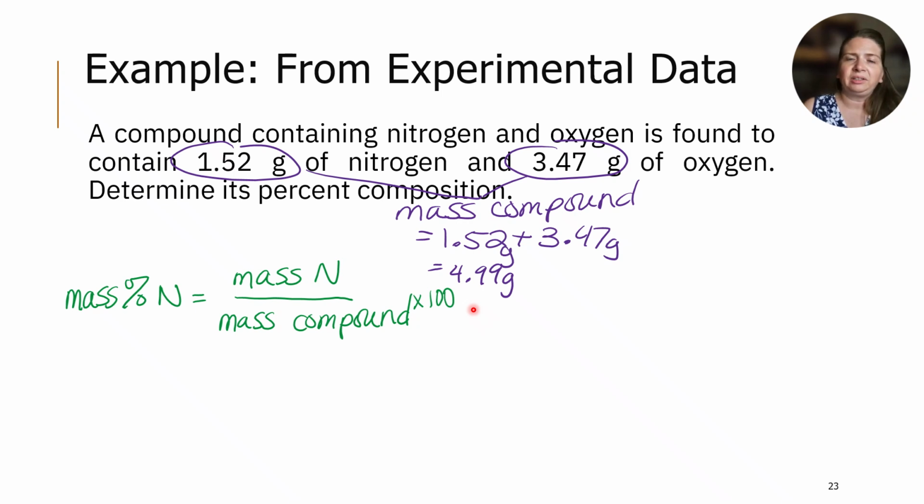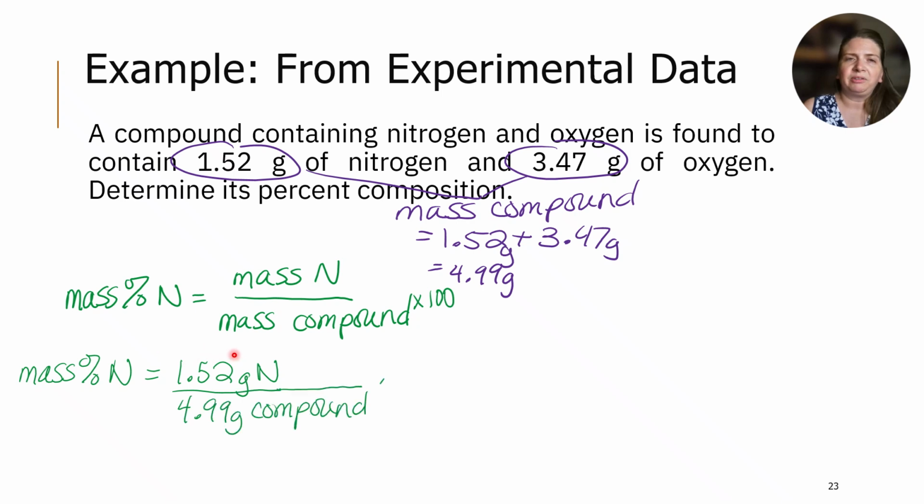Now we can calculate the mass percent of nitrogen as 1.52 grams of nitrogen divided by 4.99 grams of compound times 100. This gives 30.46% nitrogen. Following significant figure rules, this would round to 30.5% nitrogen.